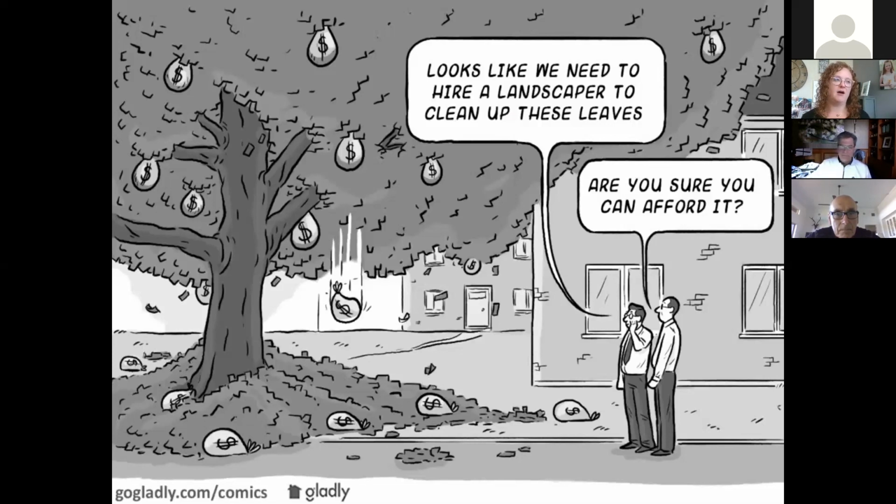Things that we would want to look at is when you are going to need those reserve dollars. If you're 20 years out from needing those reserve dollars and you need to borrow $10,000 to bridge that, and you can increase assessments over a period of time to pay it back, that might make more sense than going through the cost of procuring the loan and paying the interest on that money. So it really is going to depend on when you need the money, how much money you need, and how quickly the association can pay it back.